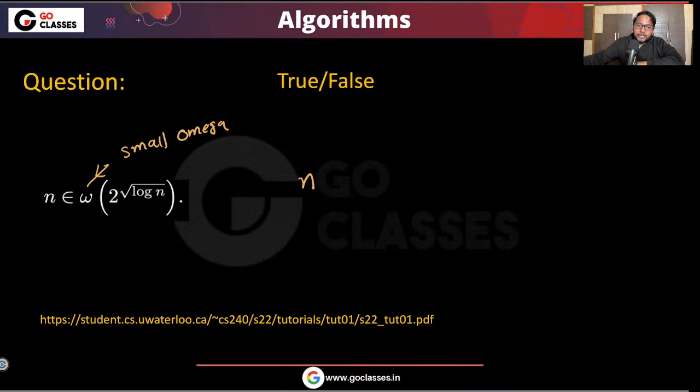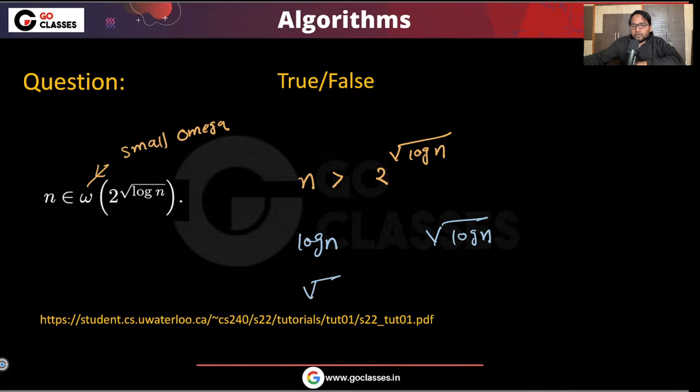So which means n is strictly greater than 2 power square root of log n. Is this true? Take the log, it will be log n and square root of log n. So you divide by square root of log n, it will be square root of log n and 1, right? Is this true? What do you think?